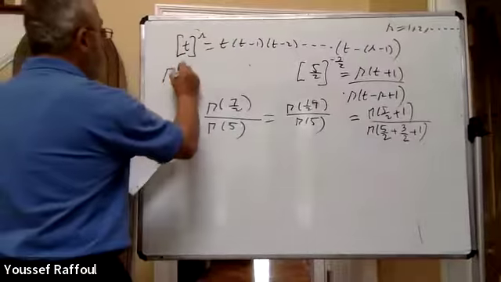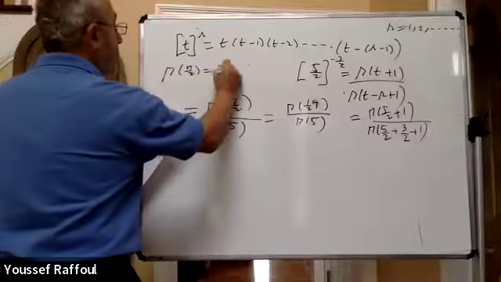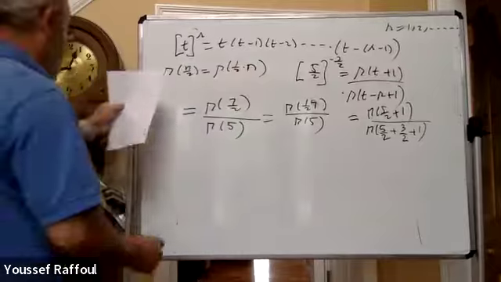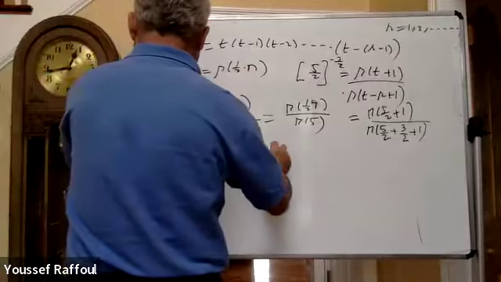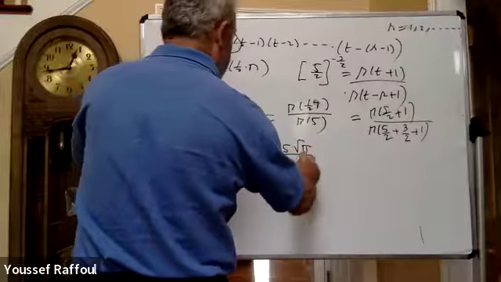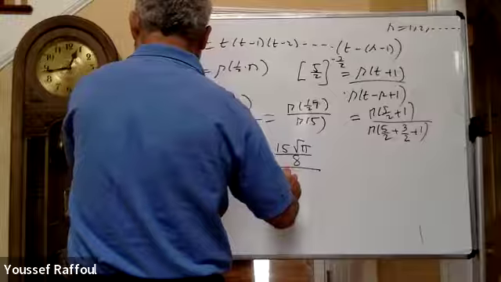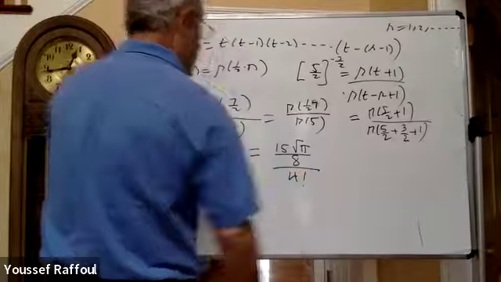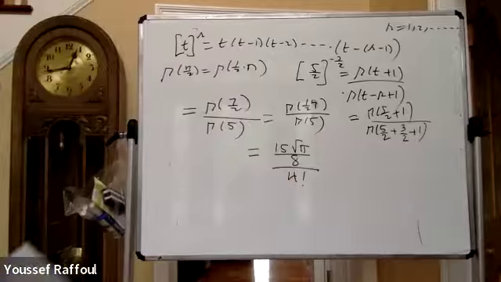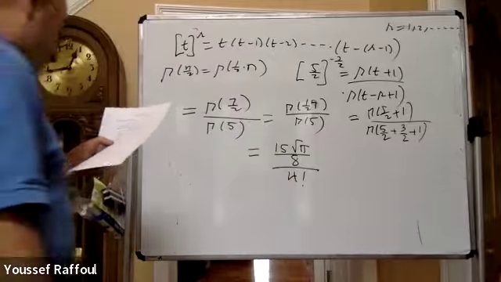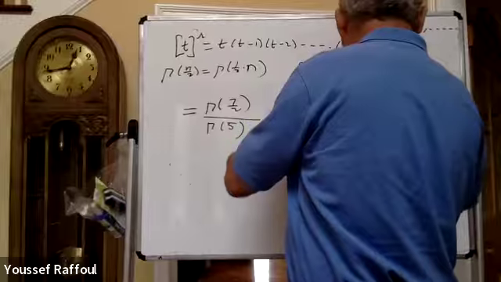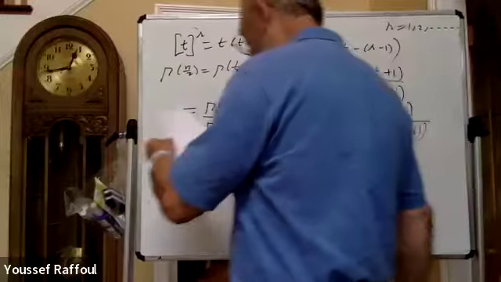You're going to have to use gamma of n over 2, gamma of 1/2 times n. And here n is 7. So you will get 15 square root of pi divided by 8 over 4 factorial. Because gamma of 5 is 4 factorial. And then that is 5 square root of pi divided by 6.